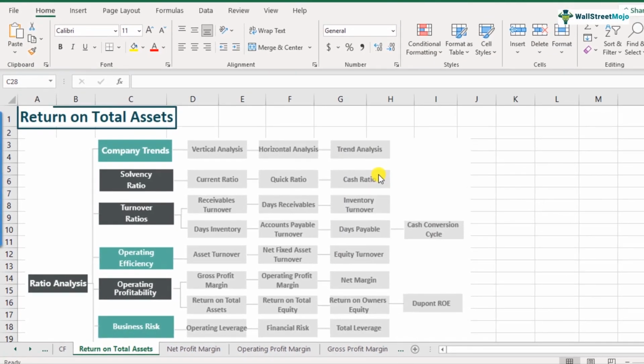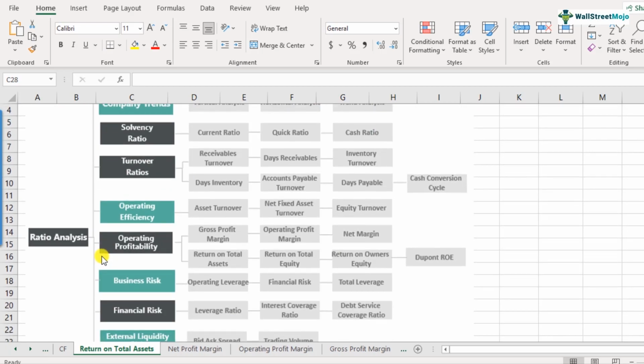What is return on total assets? Return on total assets is a part of the ratio analysis framework and it comes under the operating profitability. Return on total assets is defined as how much amount of profit the company is able to generate by utilizing its total assets. The total assets basically consist of two parts, right?